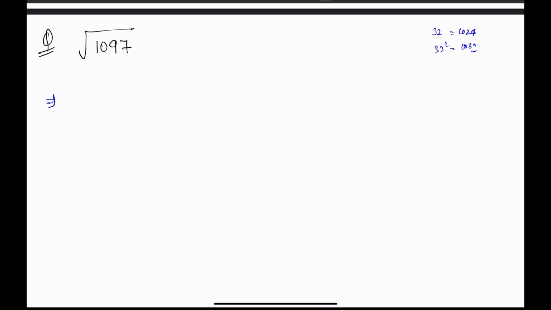So 33 is near. So it will be 33 plus, and 1097 is 8 more than 1089. So it will be 8 upon 2 into 33.